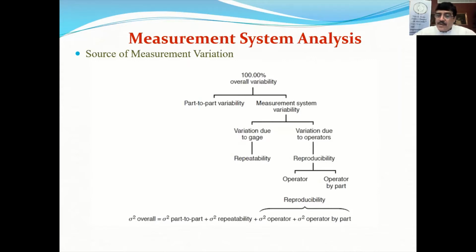So that's basically what gauge R and R is, and what measurement system analysis is. If you look at this equation, the overall variance is coming from the part-to-part, the repeatability part, and the reproducibility part, which is operator and operator by part variability. So we have basically these sources of system variability.